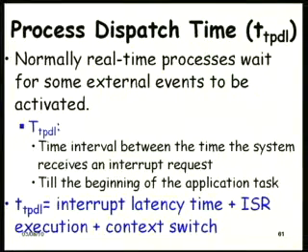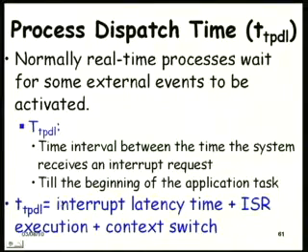The dispatch time, this is the time the real time process waits for some external event to be activated. So, the time interval between the system receiving an interrupt request and the beginning of the application task. So, just see, this is different from the latency time, isn't it? It includes latency time in fact.